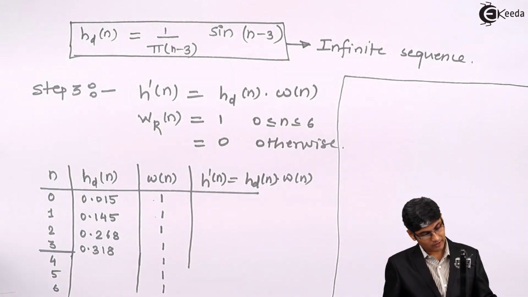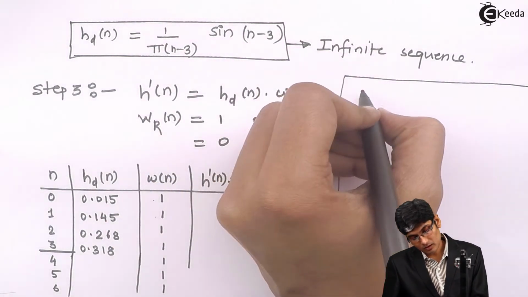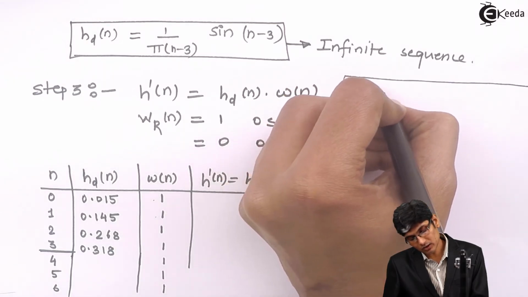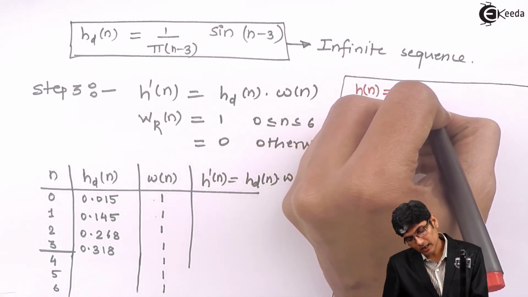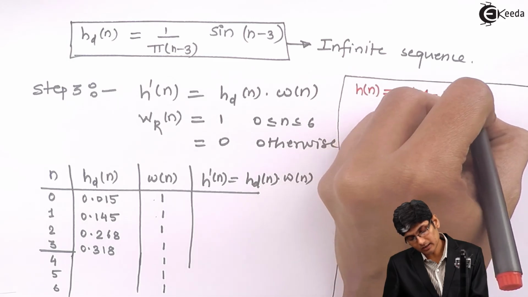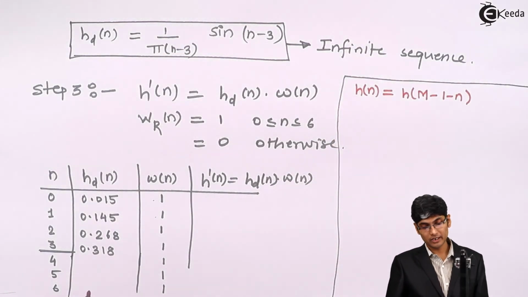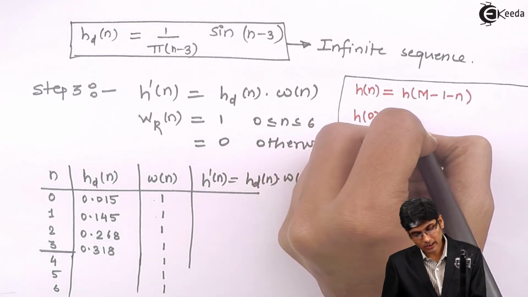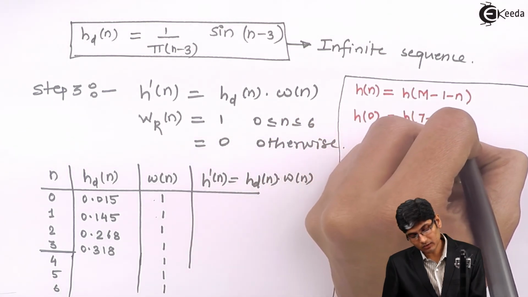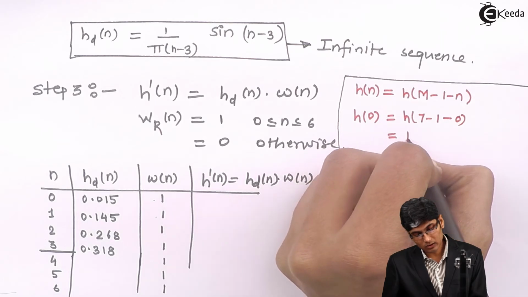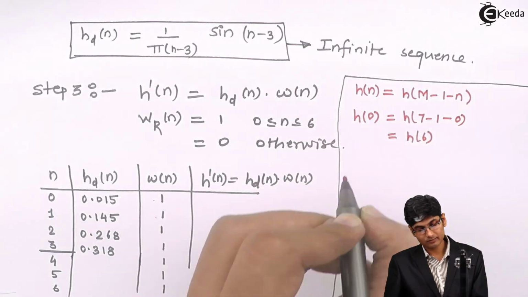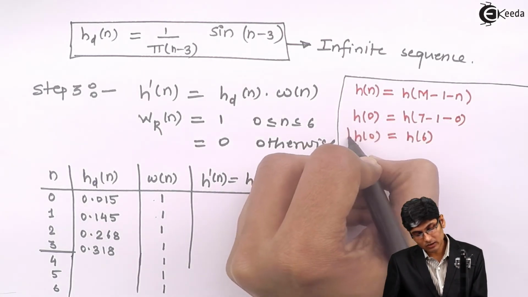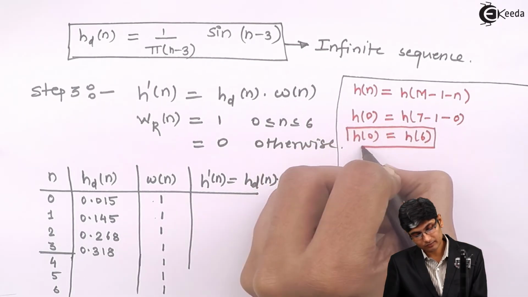It states that h of n is equal to h of m minus 1 minus n. If I put n is equal to 0, I get h of 7 minus 1 minus 0, which is h of 6. So h of 0 is equal to h of 6.